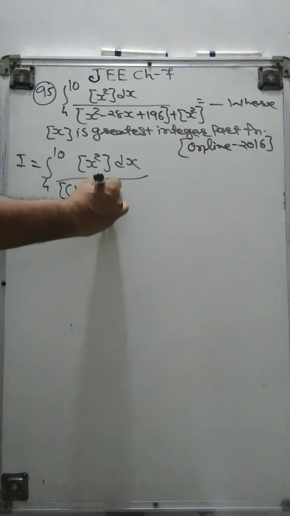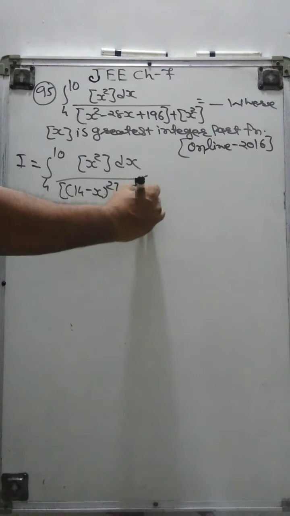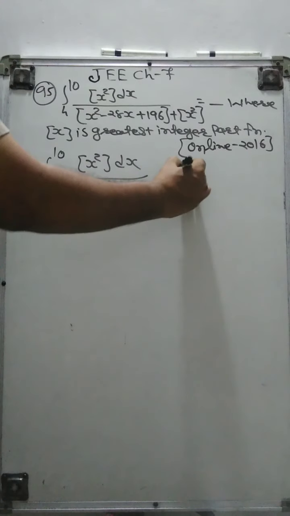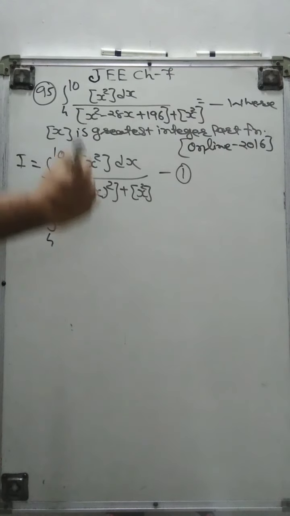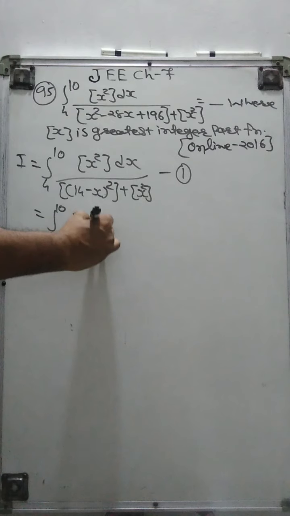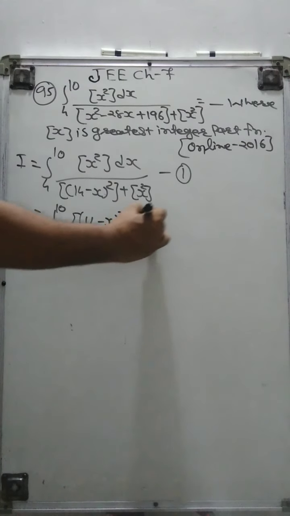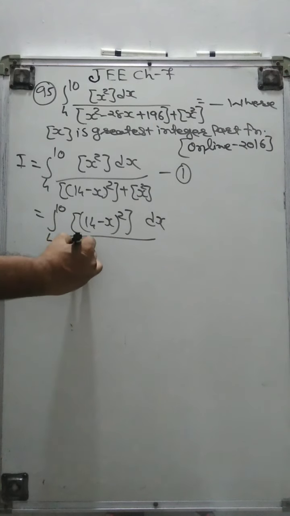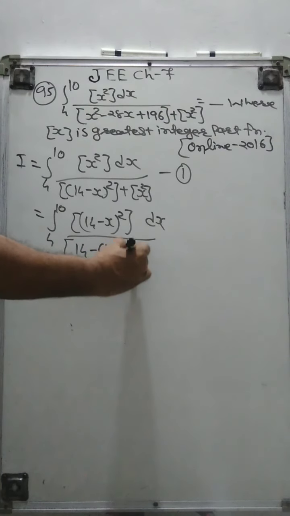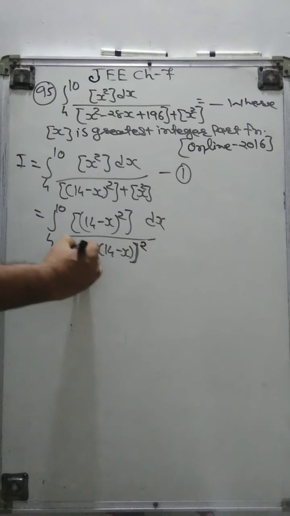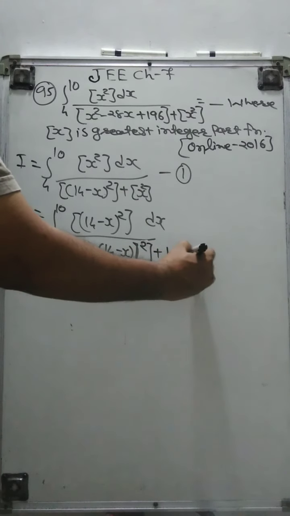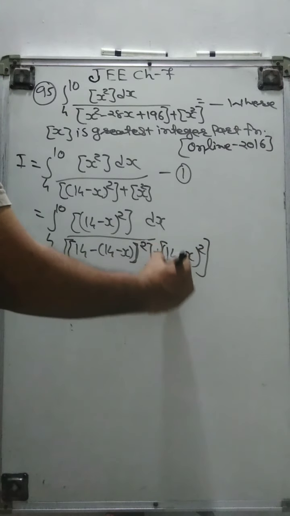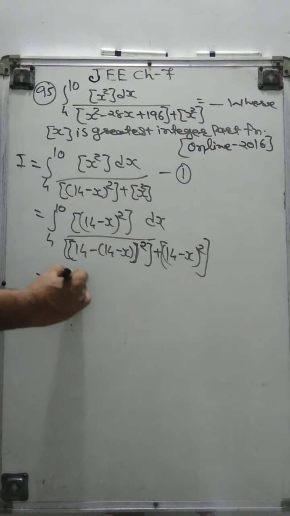This is 14 minus x the whole square plus box x square. This is our first result. Now we replace this x by 10 plus 4 minus x. So we have 14 minus x whole square upon 14 minus x the whole square plus 14 minus x whole square. It is integration 4 to 10.